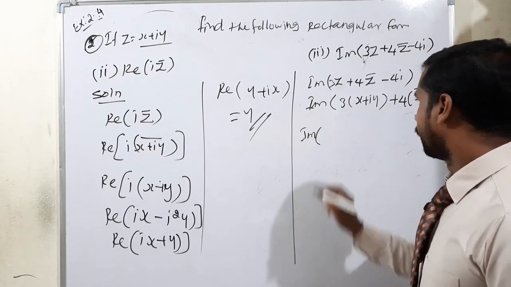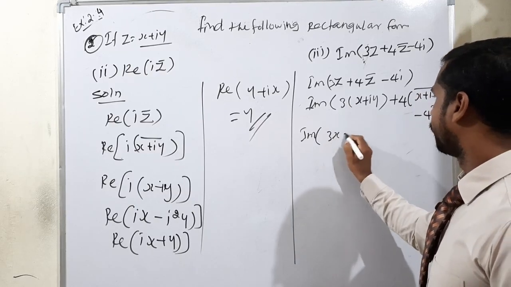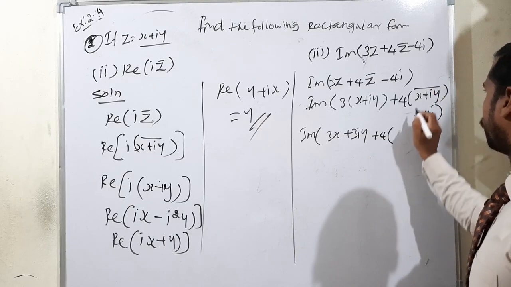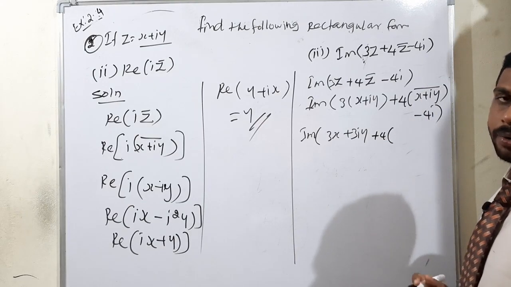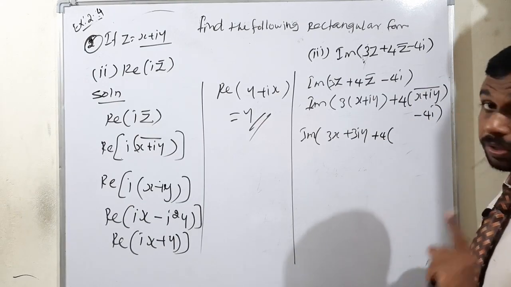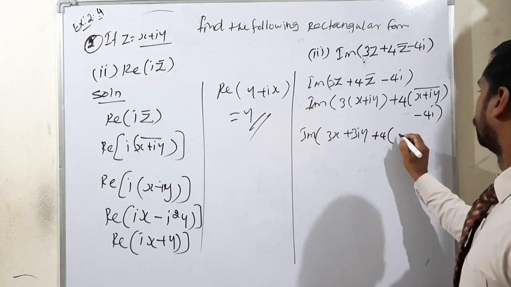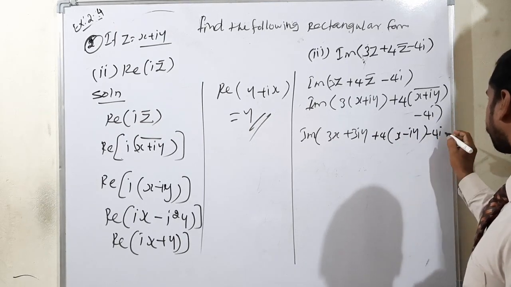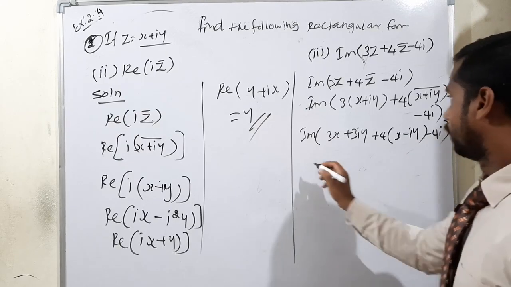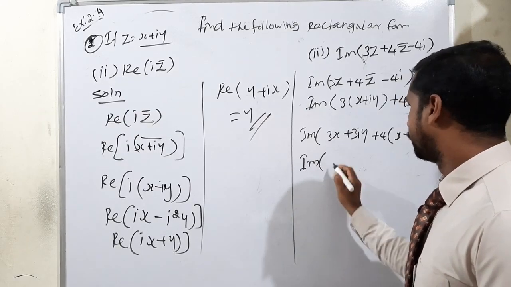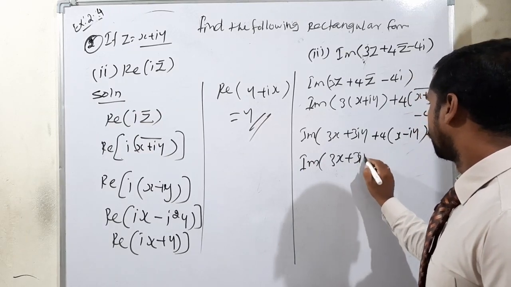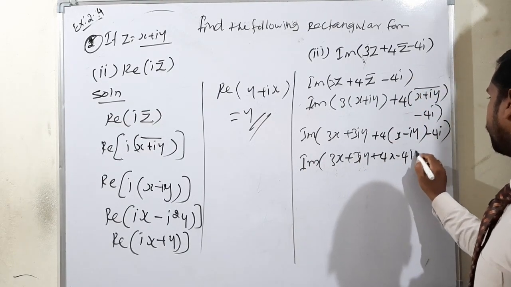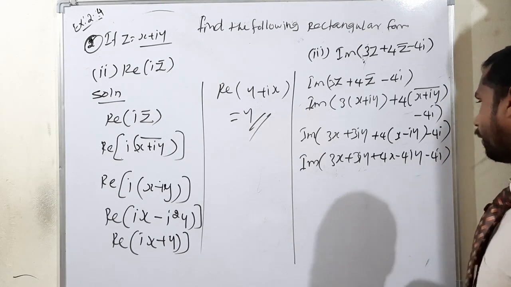Then imaginary, if you remove the bracket, 3x plus 3iy, then plus 4 into, remove the conjugate means you have to change the sign of the imaginary term, not the real, only the imaginary. So x minus iy, then minus 4i. Therefore, imaginary of 3x plus 3iy, removing the bracket, 4x minus 4iy minus 4i.